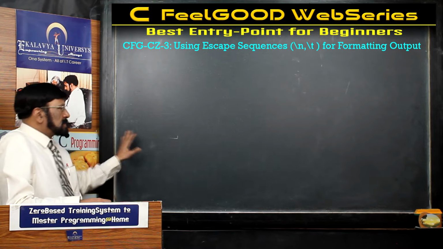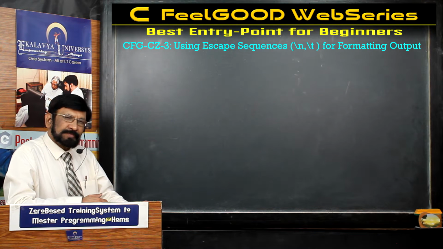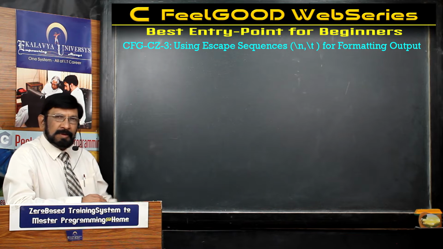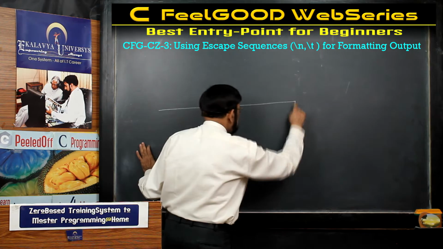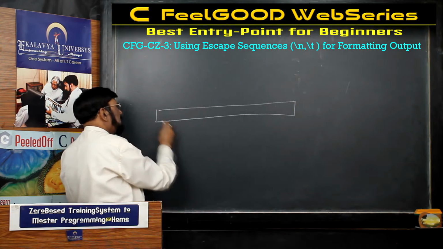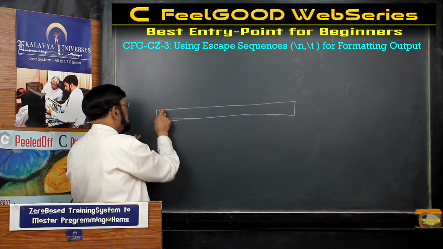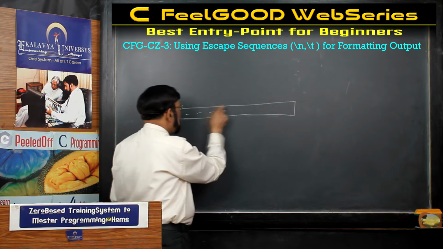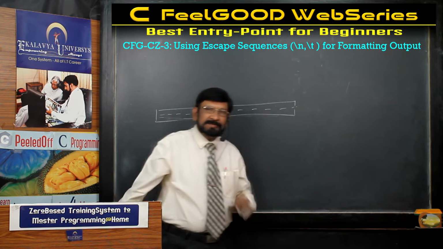Now, let's come to this point. Already, in the first training session, I showed you one model marks report. In that, there are around 11 items. Now all items I presented like this: 1, 2, 3, 4, 5, 6, 7, 8, 9, 10, 11, in a line.